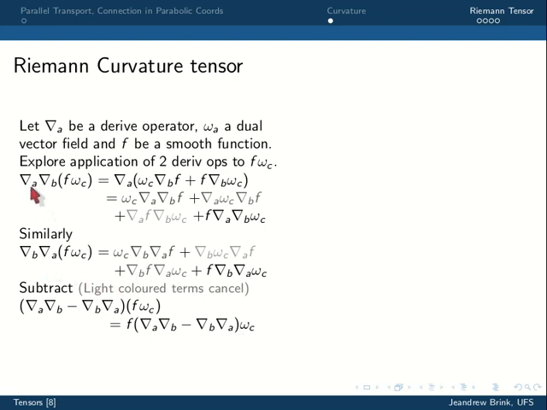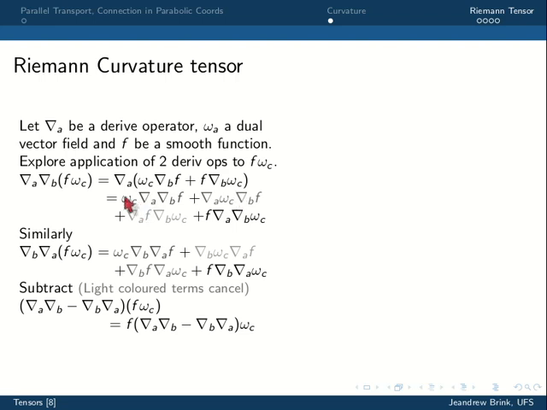Okay, so you have minus that. So this one, the gradient of F times the gradient of B applied to omega C, equals that one. So those two just subtract. And you've got basically this, the gradient A of omega C, the gradient F, so that one goes out.